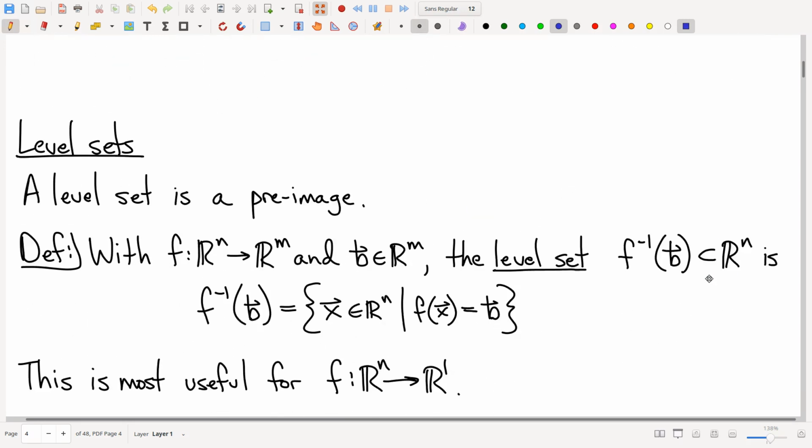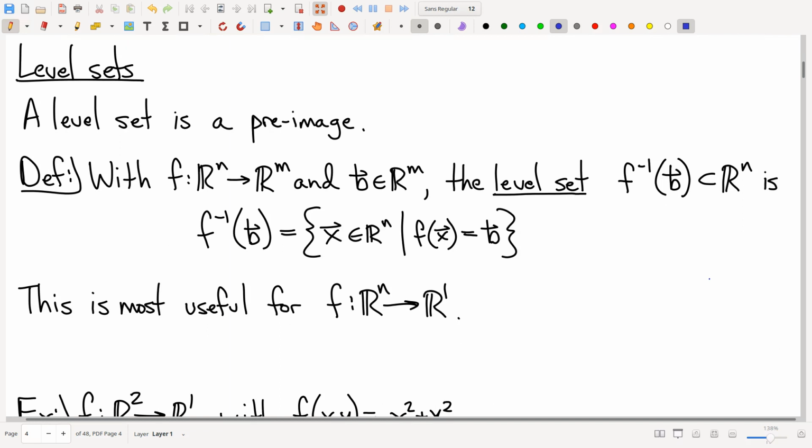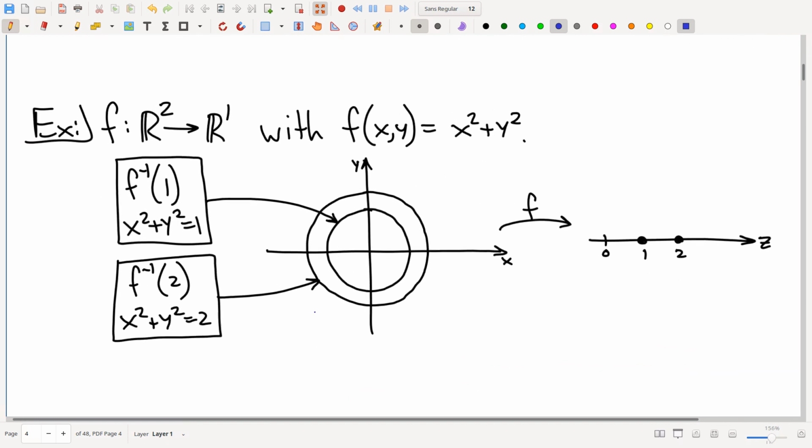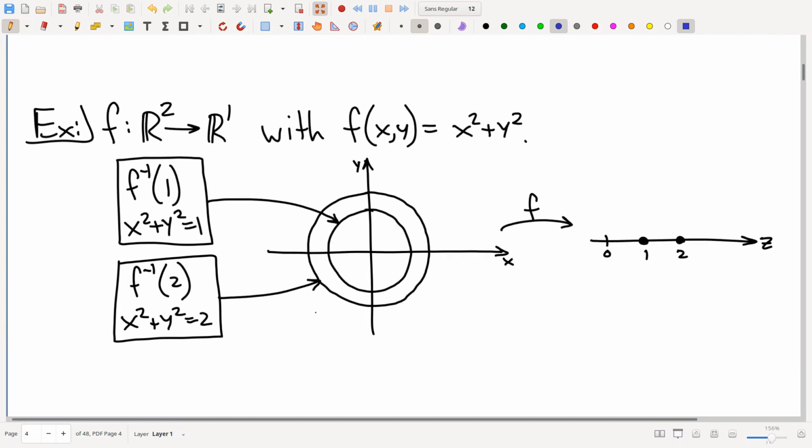Okay, moving along. Level sets. Again, I want to start with a concrete-ish example. Here is a function, R2 to R1, formula. We will eventually be able to talk about the graph of this function. But let's draw a different picture.